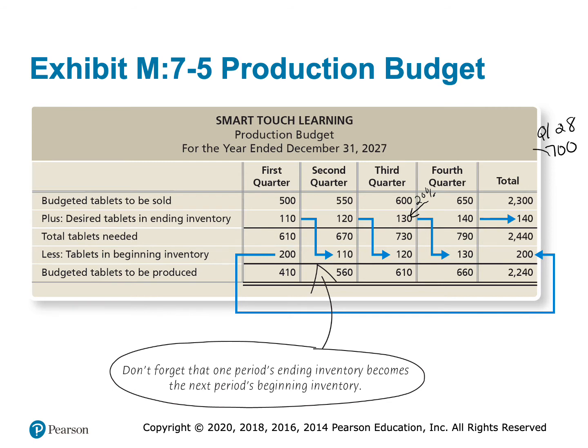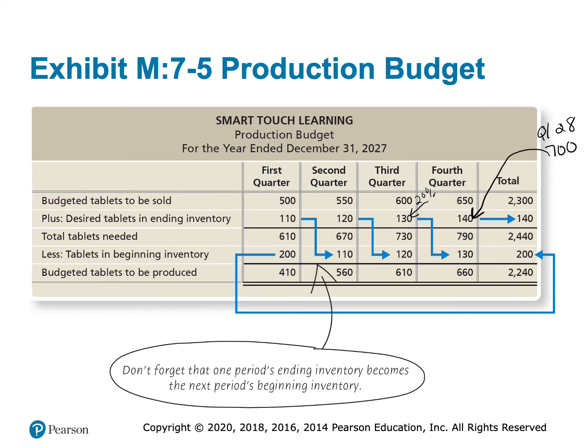So 20% of 700 is how we get the 140. So that gives us a total of 790 units, but we had 130 on hand from quarter three, so we don't have to make those. So then we only need to make 660 units.